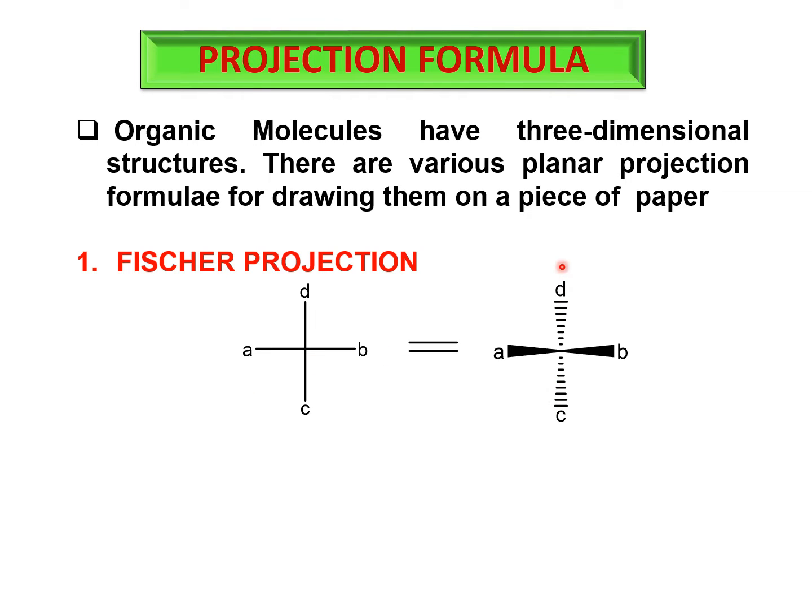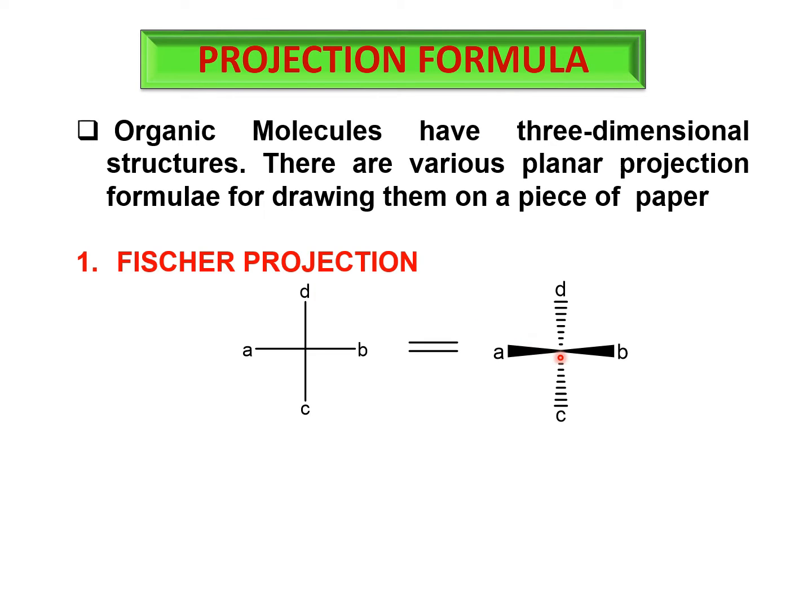And anything on the vertical axis means that they are behind the plane. They are away from you. So group C and D drawn here with these solid lines do not mean that they are in plane, but in a Fischer projection, this vertical line means that group C and D are away from you or they are behind the plane. And now you can imagine, as I told you earlier, that you should have a strong imagination power.